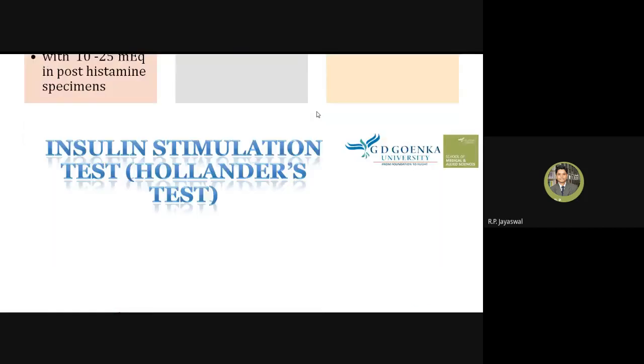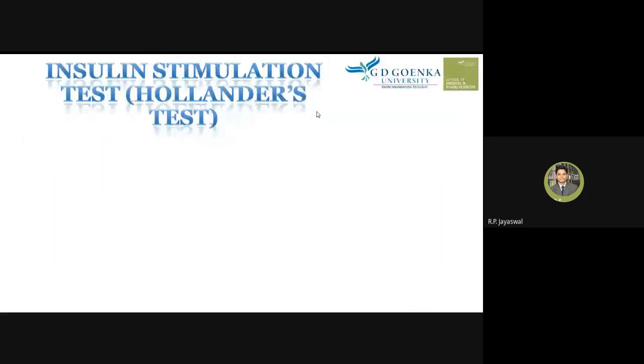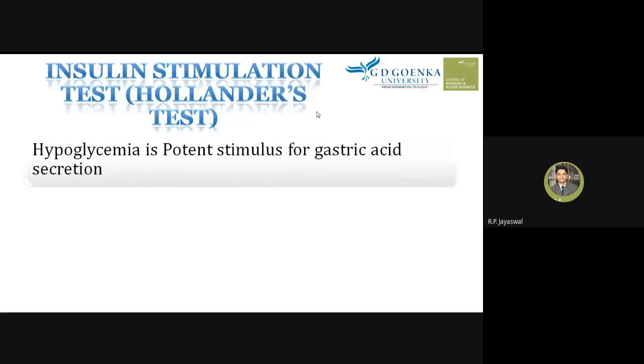Let's know about the insulin stimulation test, also known as Hollander's test. Hypoglycemia is a potent stimulus for gastric acid secretion. This is what we have, theoretically you have to understand. Hypoglycemia is a medical term which means decrease in the blood sugar level.